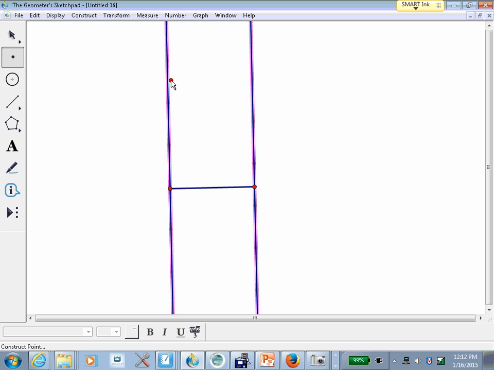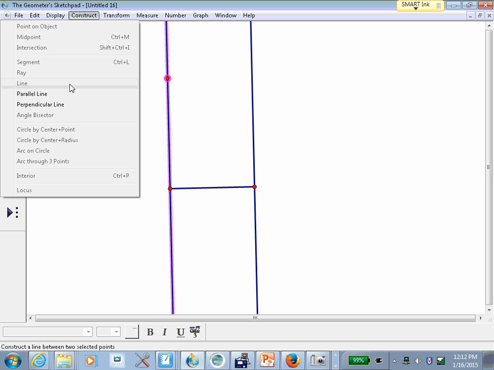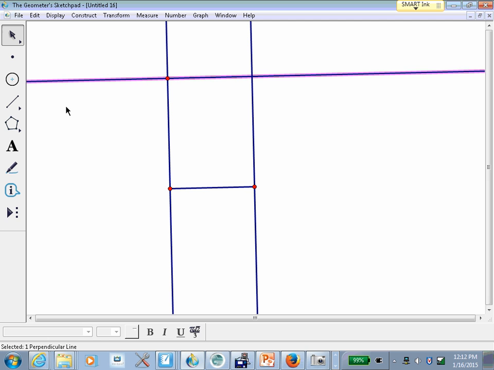Then I'm going to pick a point on one of the perpendicular lines that will be able to move around. I'm going to highlight the line and say construct perpendicular line again. We know the perpendicular lines will make my four angles 90 degrees, and that's what we're looking for.